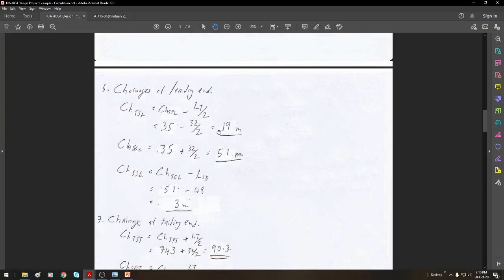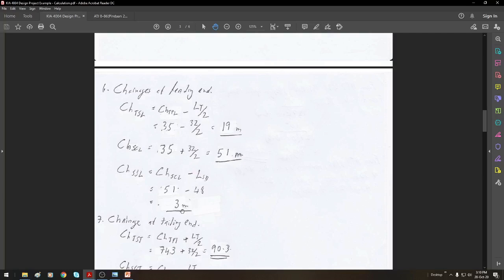That is TSL. Next, calculate SC, spiral to curve leading. Same formula but plus LT divided by 2, and you get 51 meters. And then you have SS, start of spiral, which is this value over here, minus the LSD.